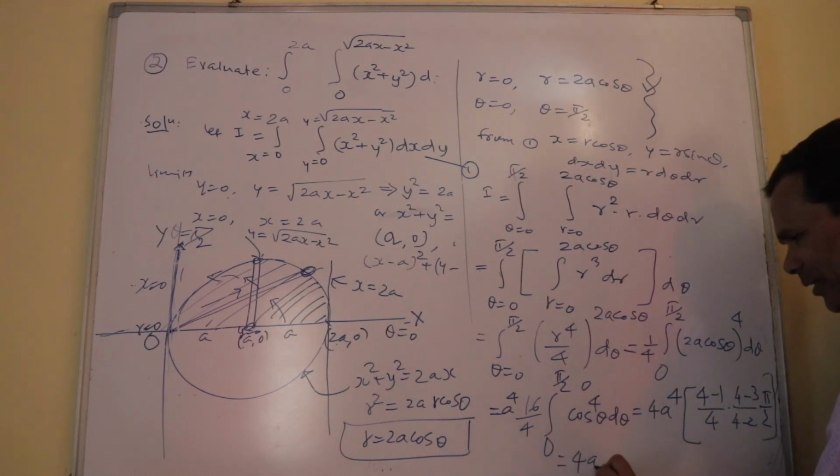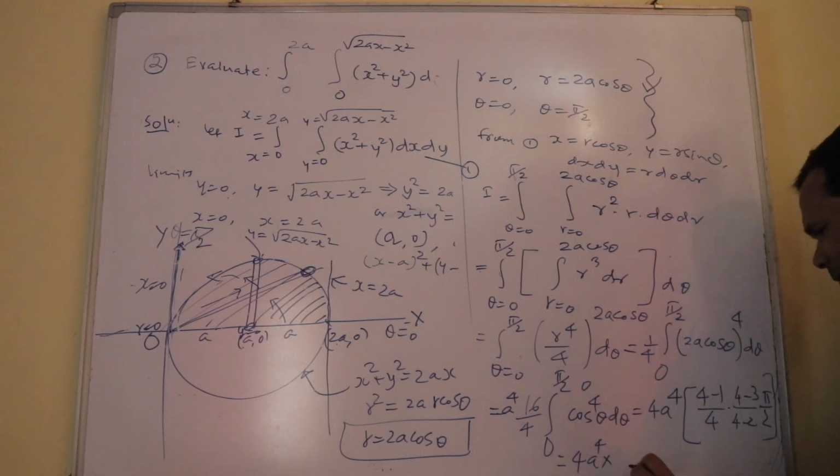So we simplify this: a raised to 4 multiplied by 3 by 4, then 1 by 2, and then pi by 2. We simplify this and see that 4 gets cancelled. So you get your answer, 3 pi a raised to 4 divided by 4, as the correct answer for this.